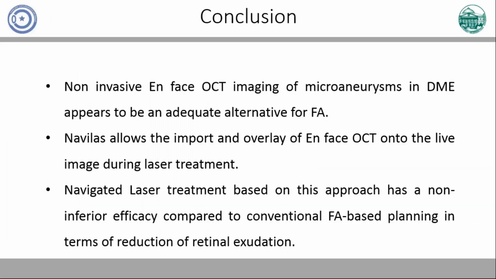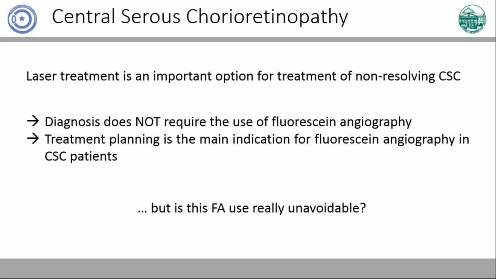So I strongly believe that en-face planning of focal laser photocoagulation of microaneurysms in diabetic macular edema is a very effective and very safe option, at least non-inferior compared to fluorescein angiography planning. So we can go to another application for a fluorescein angiography-free approach, specifically in central serous chorioretinopathy.